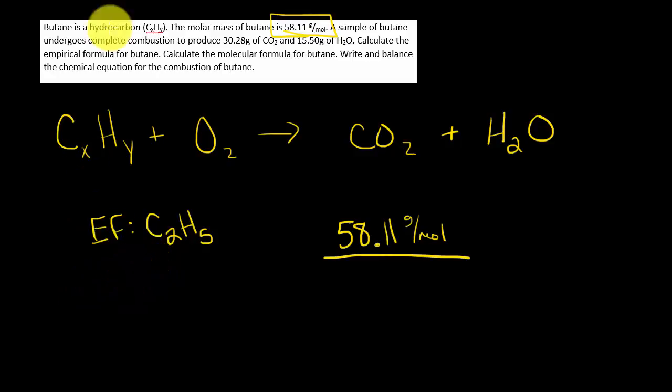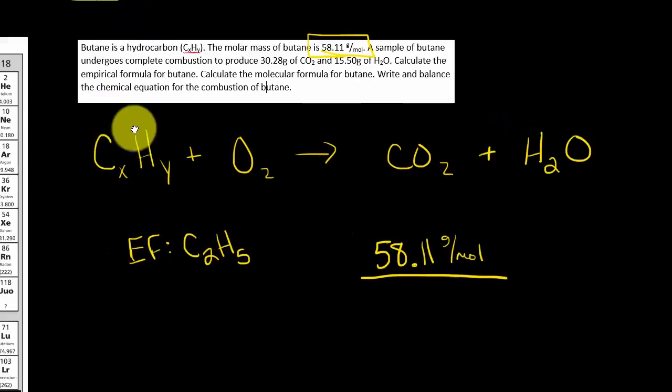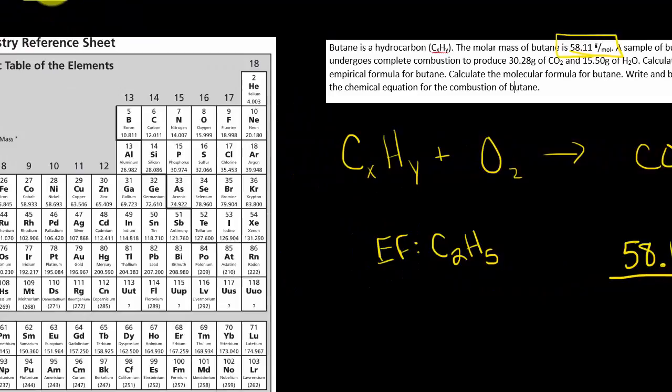So let's go back over here to our periodic table, and we see that one carbon atom is 12.01, and we have 2 of them. So 2 times 12.01 plus a hydrogen.